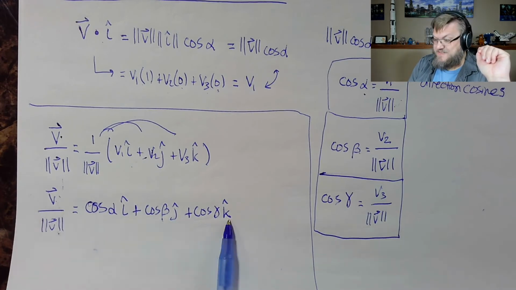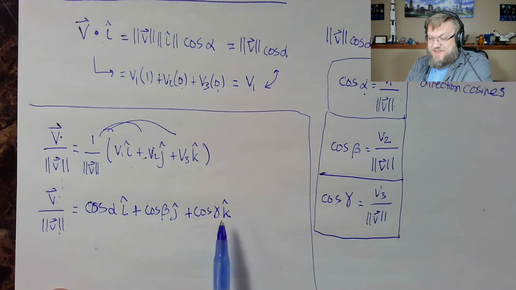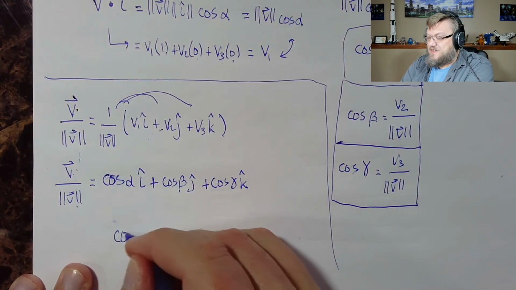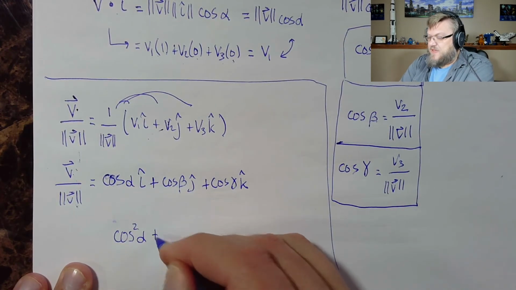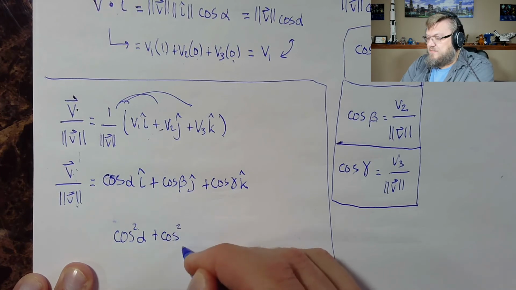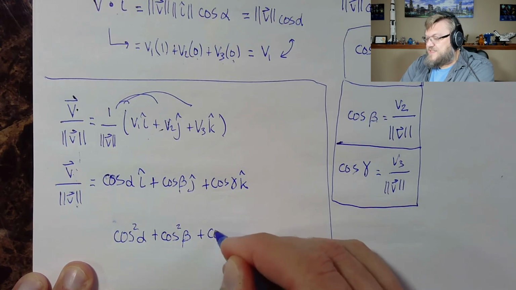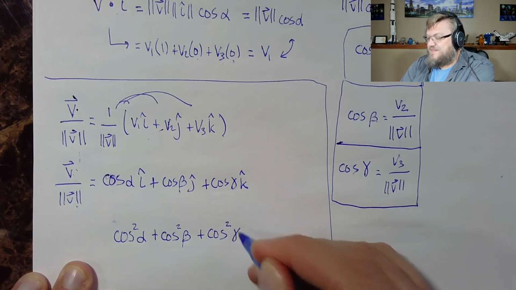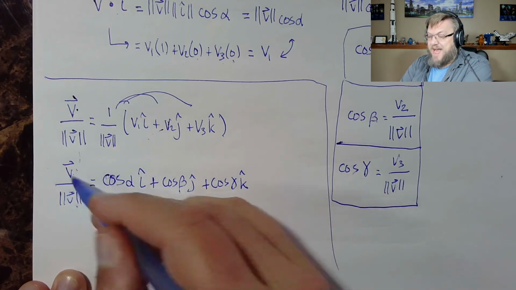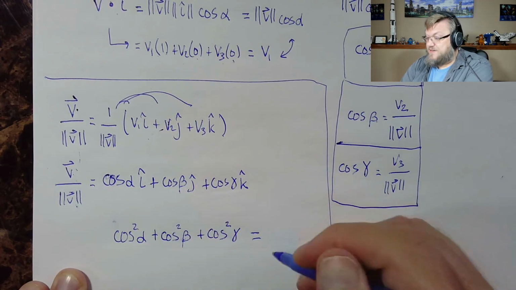But the magnitude of this vector over here is the following equation. Cosine squared alpha plus cosine squared beta plus cosine squared gamma has to equal the magnitude, which is 1, squared.